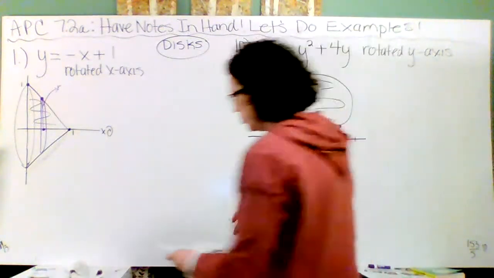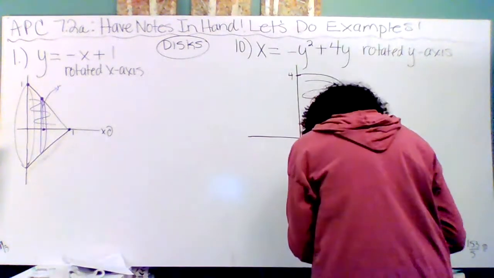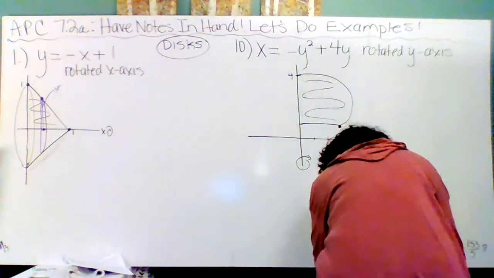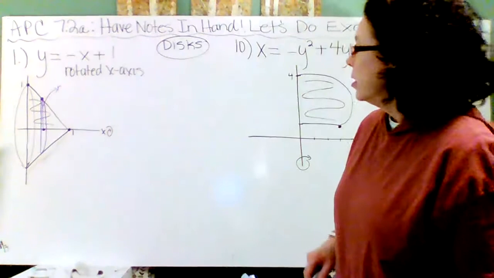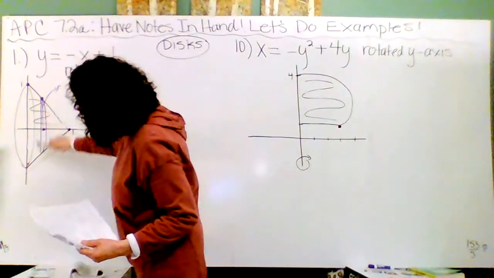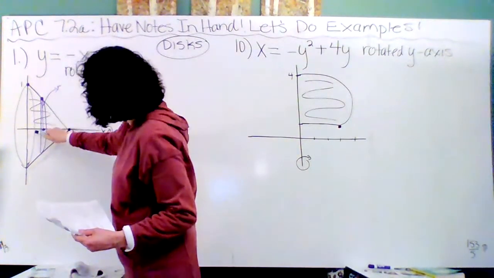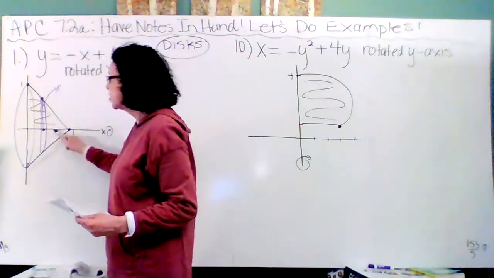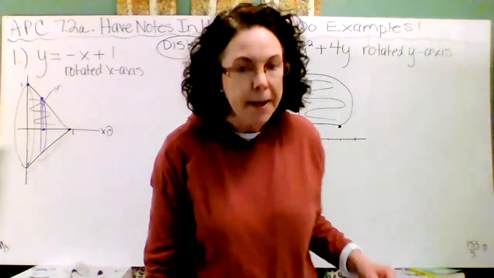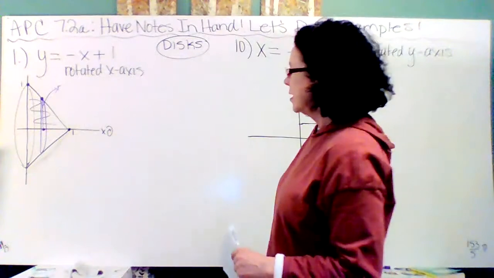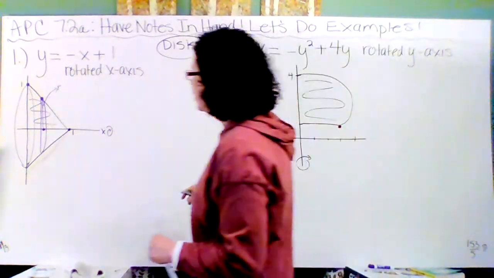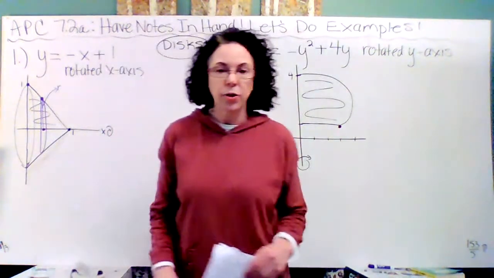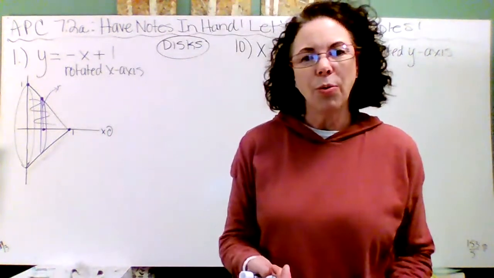The next thing we're going to do is write the integral. And here's what I see. It tells you in your notes that if your cylinder is perpendicular to the x-axis, this will be a dx integration. And if it is perpendicular to the y-axis, like you'll see here, then you will have a dy integration. But I just want you to know why.